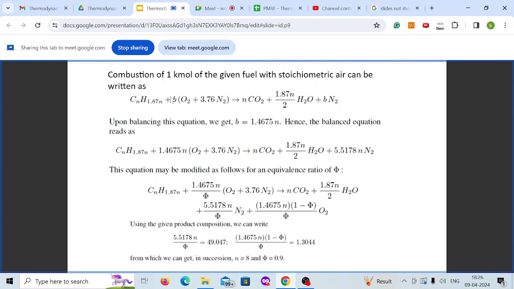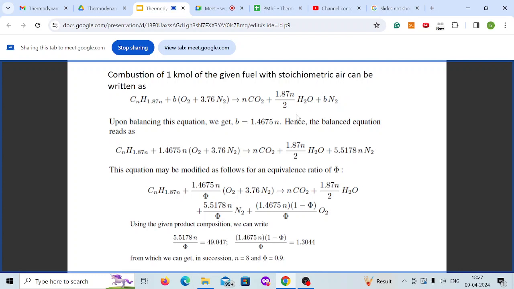If it goes into complete combustion, you have a stoichiometric ratio of air. So you use B moles of air, which gives you, if you do a carbon balance, n moles of CO2 plus some water and nitrogen, so you will have B into 3.76 moles of nitrogen, and then 1.87n by 2 of water.